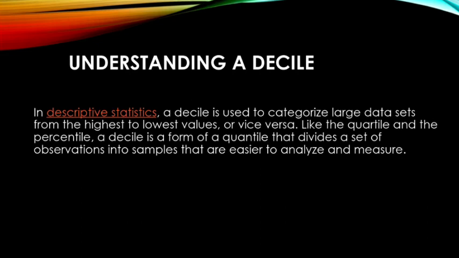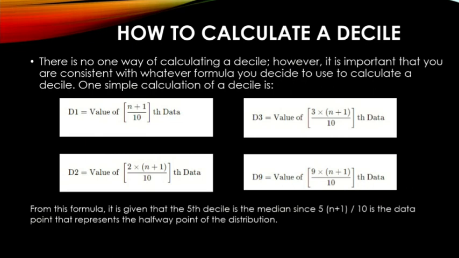Like the quartile and the percentile, a decile is a form of a quantile that divides a set of observations into samples that are easier to analyze and measure. So, by tenth, you're going to split the data, categorize the data by tenth. That is decile. How to calculate a decile? There is one way of calculating a decile.